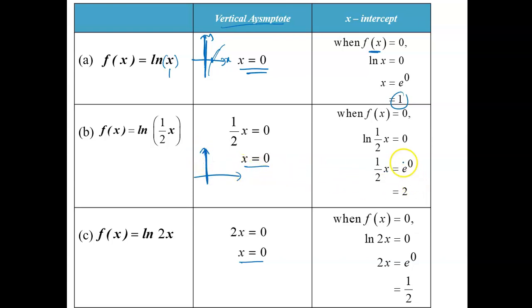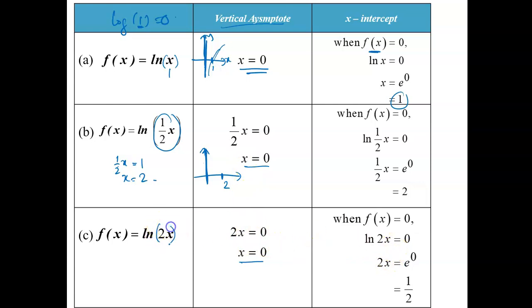But then look at this one here now. Just imagine this 1 over 2x; we make it equal to 1 because we agree that log 1 equals 0. So we must make sure that the function inside is equal to 1. So 1 over 2x equals 1, then x equals 2. So it intersects at x equals 2, and this one intersects at 1. What about this one here?